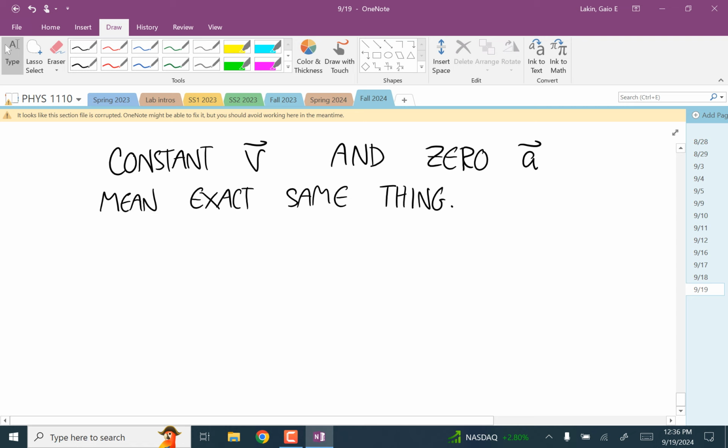Okay, now here's the trippiest thing. I've saved the trippiest fact for last. There's a whole new thing that acceleration can mean that we haven't seen yet. So remember that in 1D, non-zero acceleration means the speed is changing, and that's the end of it.